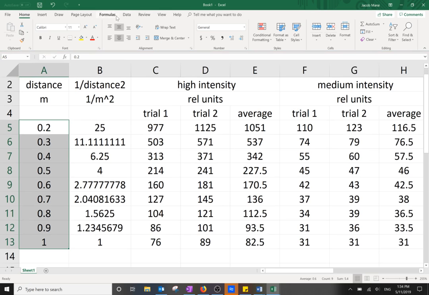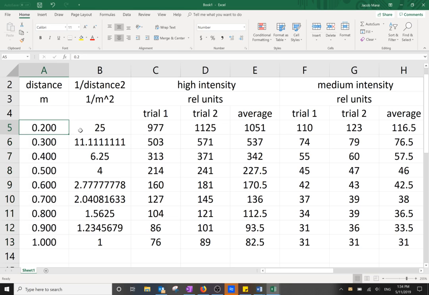We're going to go over to Home and see this button here. It is your friend. You might have lost a half a mark or one because your data wasn't being expressed to the same decimal. So let's click that. That's a bit nicer. Maybe one more. I reckon we could measure our distance to the nearest millimeter.